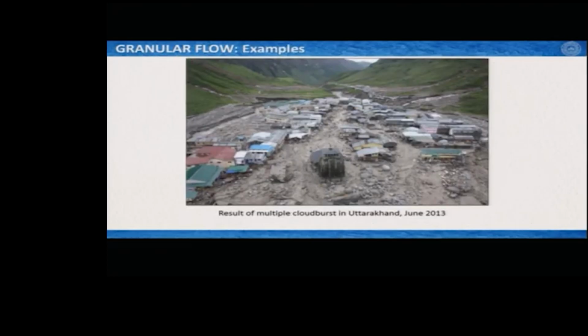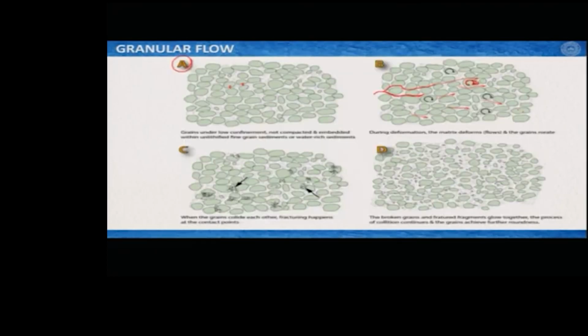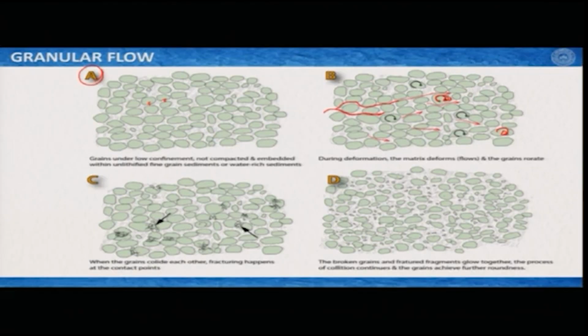When these grains rotate, of course, they collide with each other at certain points, and when this collision happens, the grains produce fractures along their contact points. This is how fractures come into the picture: grains are rolling, and while rolling they touch each other and produce fractures along their contact zones.